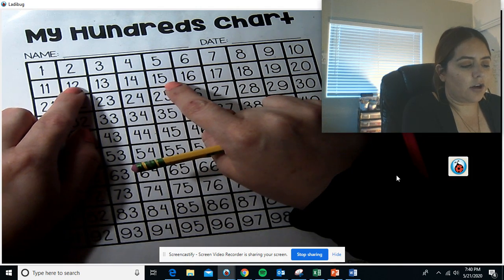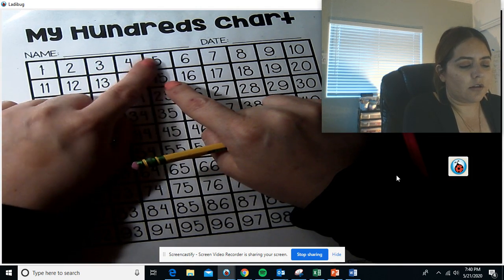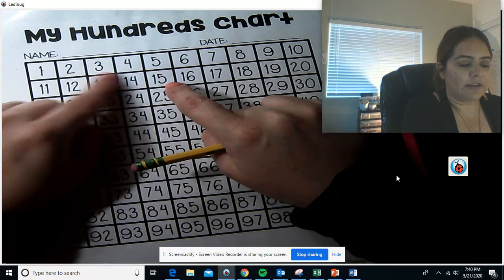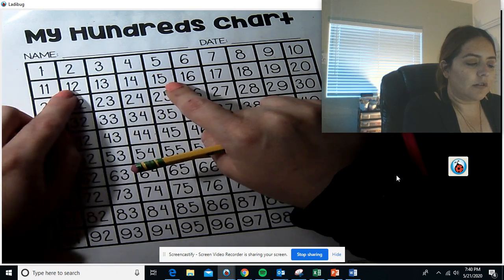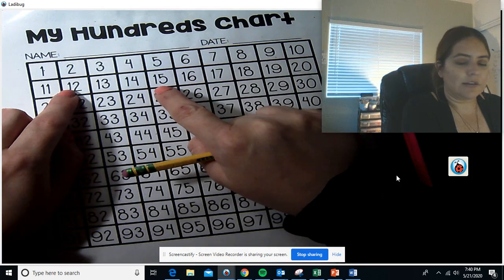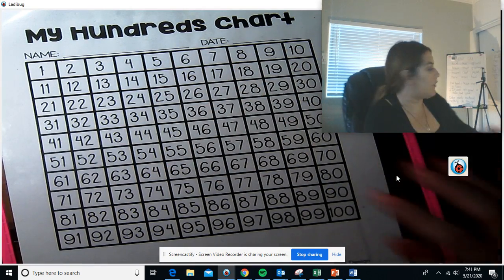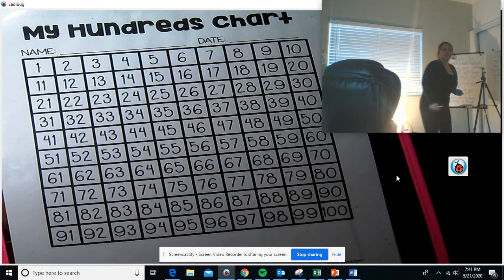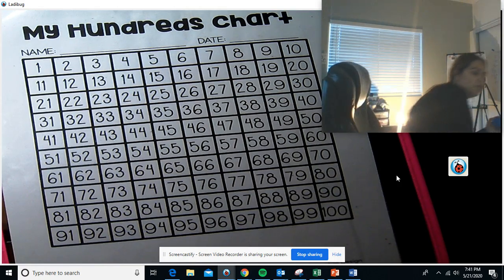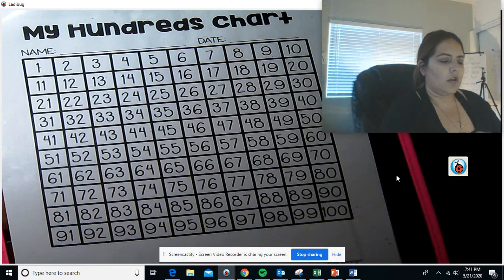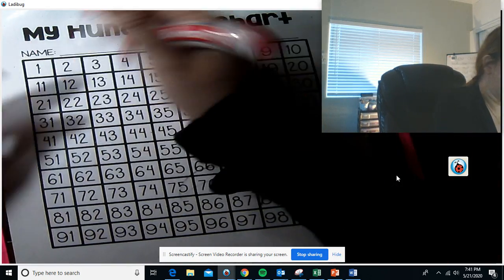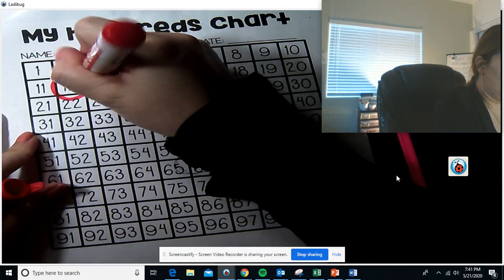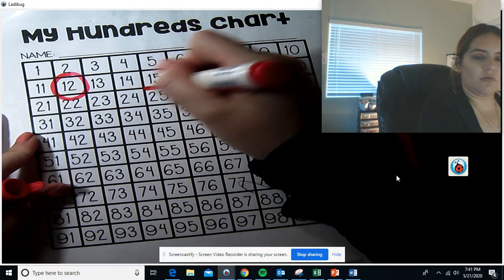So we need to figure out how many more we need to get to 15. Let me grab my marker here. So here we have Harper, 12, and together they drew 15.